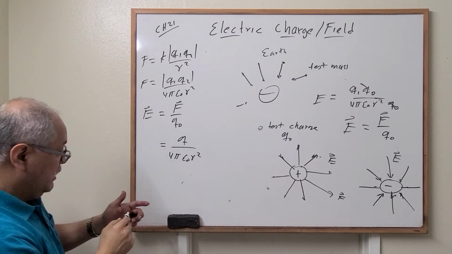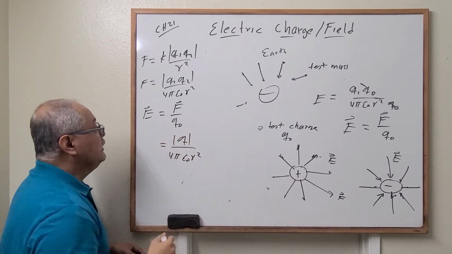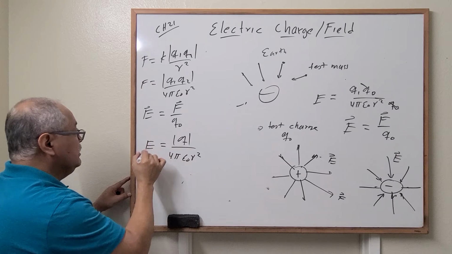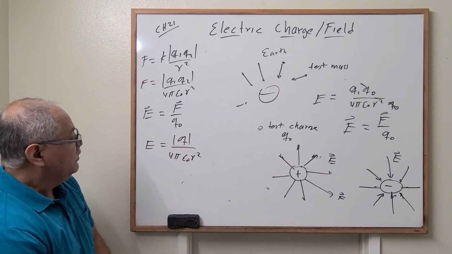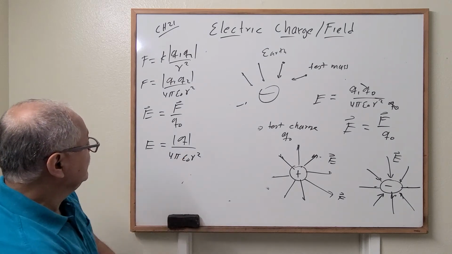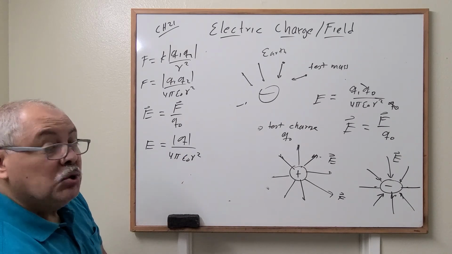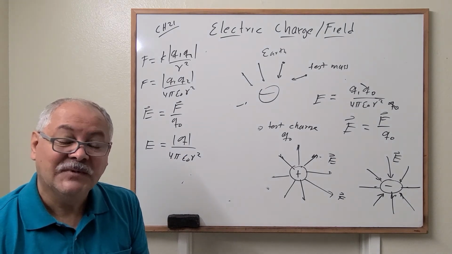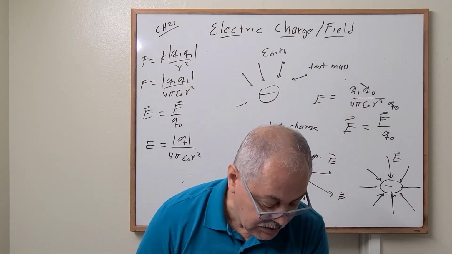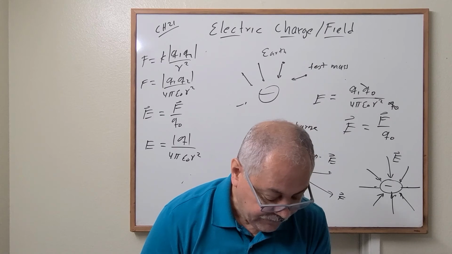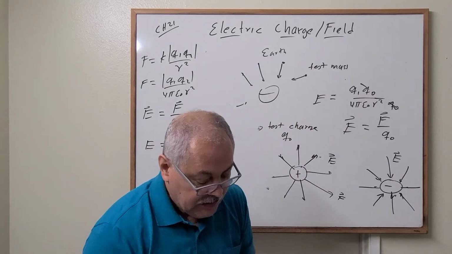Right? And this, of course, is the magnitude of the electric field. We can represent it in this way using Coulomb's law. Correct? Perfect. Now, what happens if we have this notation too?